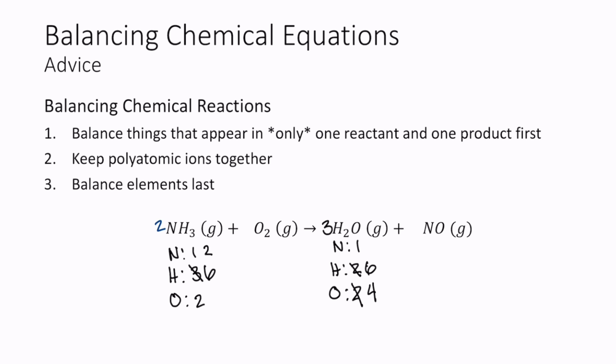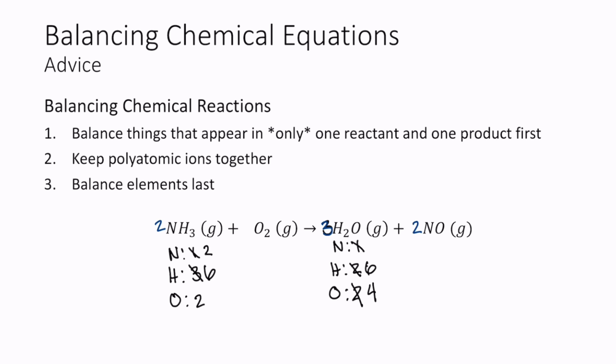Now, as you can see, we messed with the number of nitrogens. So I'm going to have to go through and balance my nitrogen. In order to do that, I'm going to put a 2 in front of the NO on my product side.